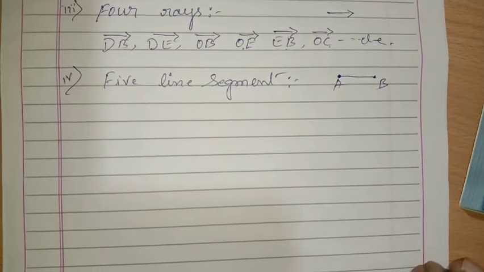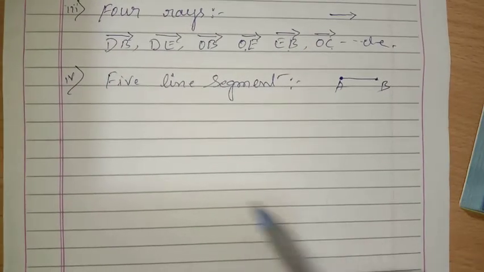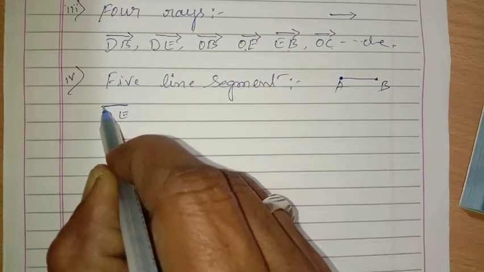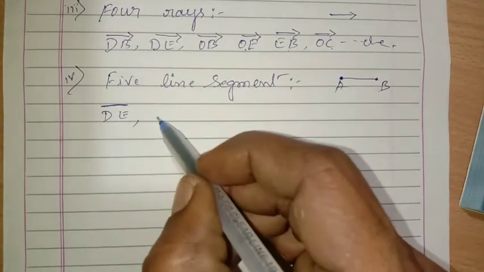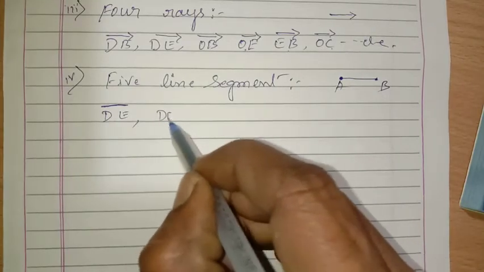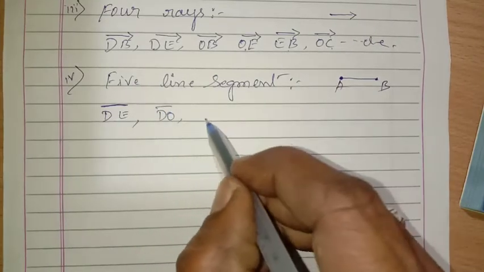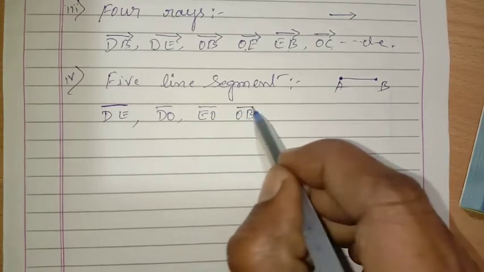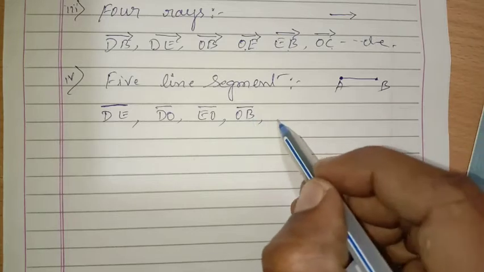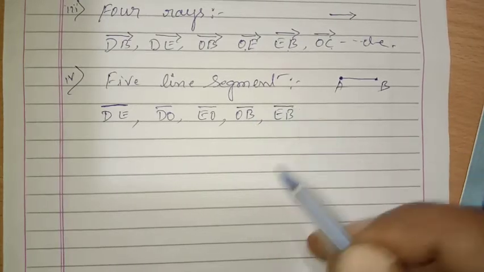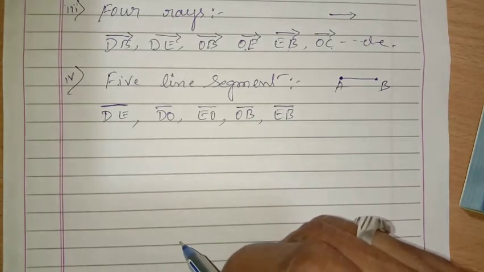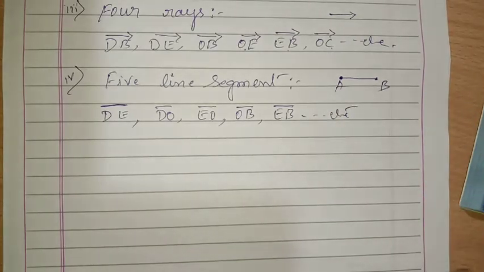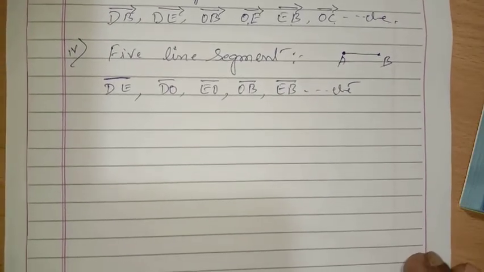DE is a line segment, and then DO, EO, OB, EB, OC, and OB. All of these are line segments.